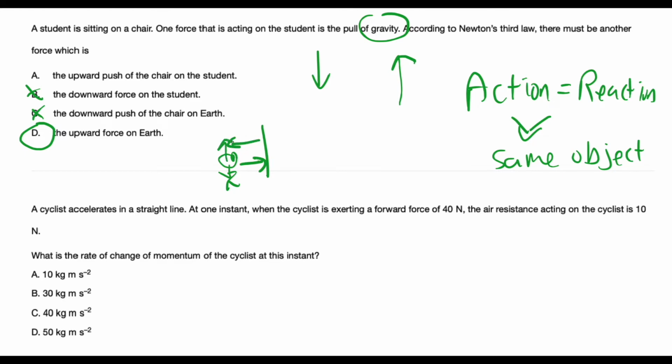The person also receives a force that's equal in magnitude but different in direction. So here, the applied force of gravity is by Earth. So the reaction force must be opposite in direction, which is upward, but it's gotta be acting on the same object, which is also the Earth. So D is the correct answer.